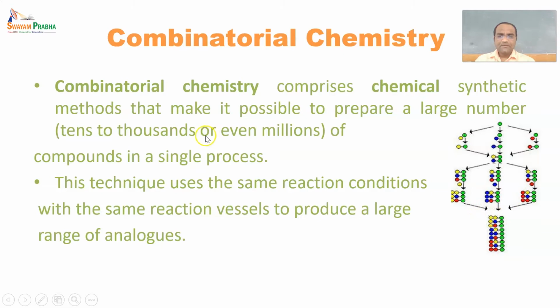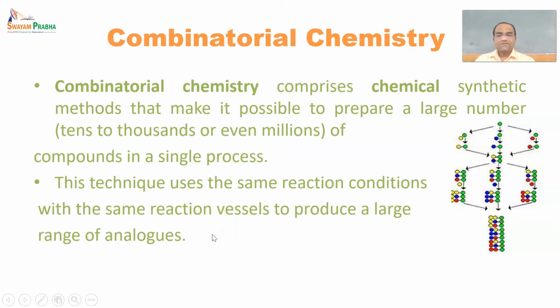Similarly, many products can be synthesized at the same time, but there are some limitations. The reaction conditions are the same, so it may happen that some reactions will work and some will not work. Most of the time when combinatorial chemistry is done for any compound, reaction conditions are taken such that they are suited for those reagents and reactants.